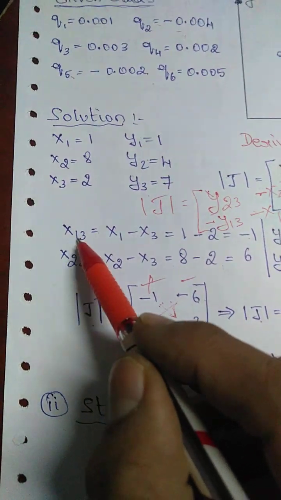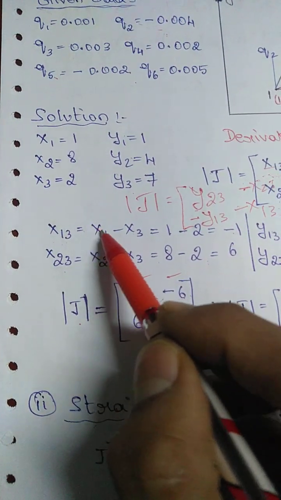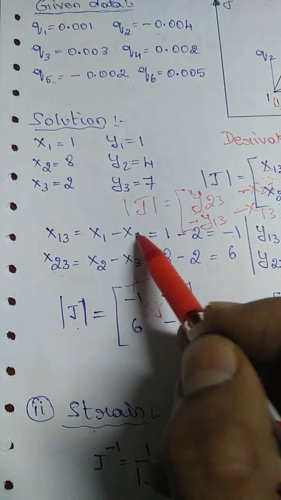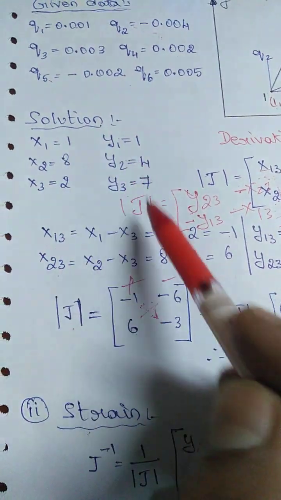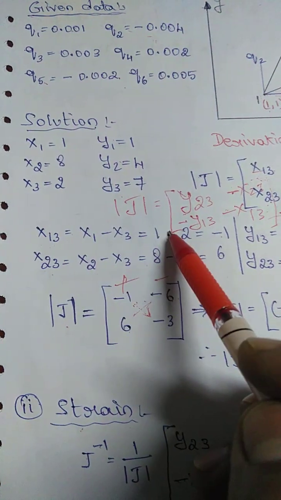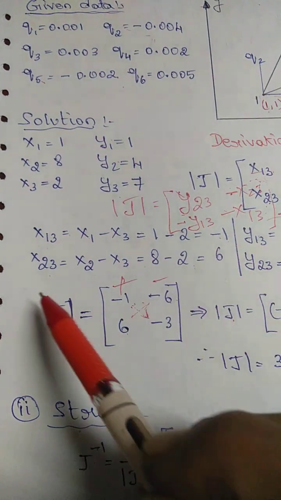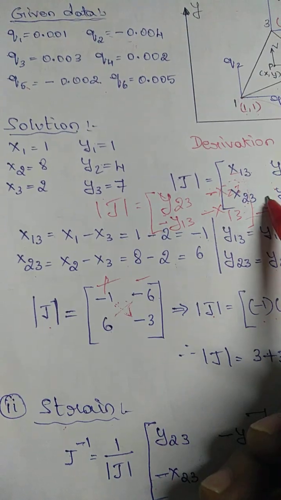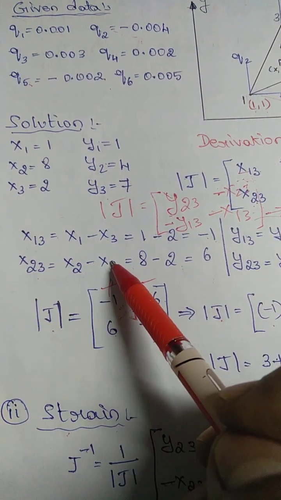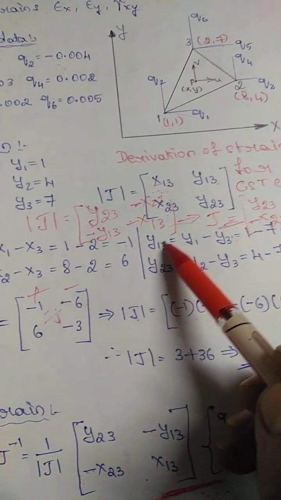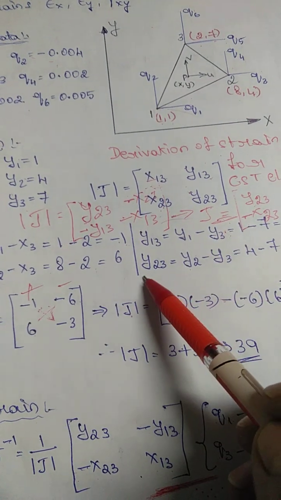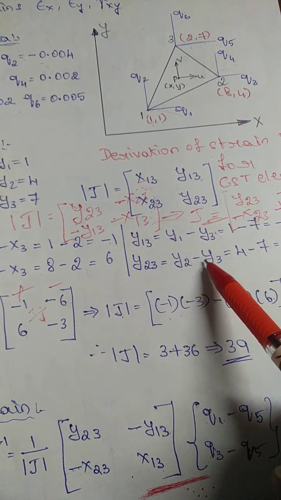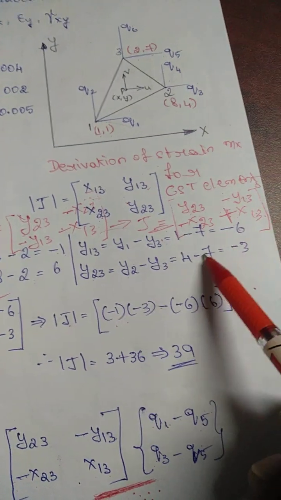So x13 is equal to x1 minus x3: the x1 value is here, the x3 value is here, substitute and get the value. Similarly, x23 is x2 minus x3, and y13 is equal to y1 minus y3, y23 is equal to y2 minus y3. All these values we have received now.